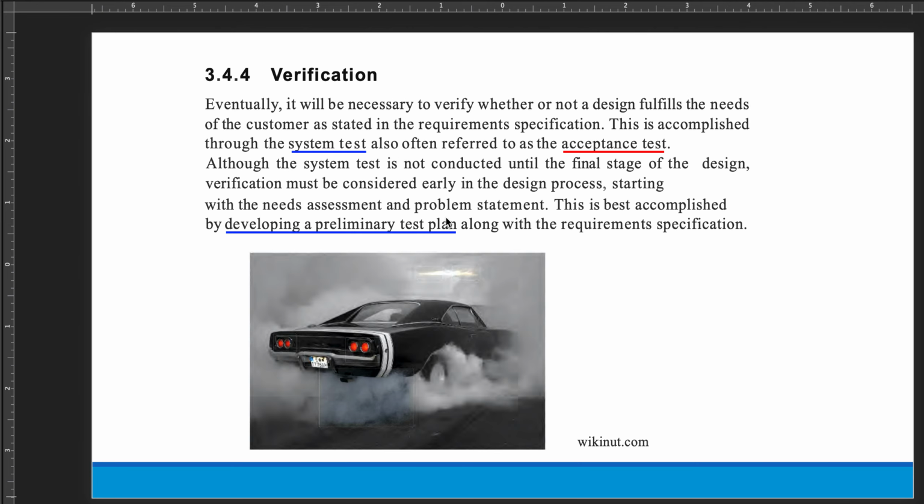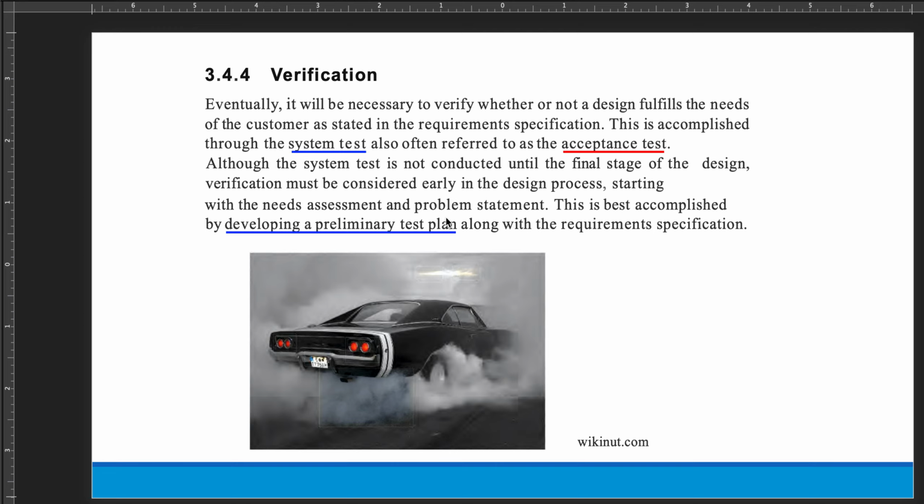My last slide here is indicating something that you'll be doing on the requirements spec, which is something called a systems test. So let's just go read this. Eventually, it will be necessary to verify whether or not a design fulfills the needs of the customer. Again, remember the word needs. So this is related to the thing that you're working on, of the customer, as stated in the requirement specification or even in your background statement.